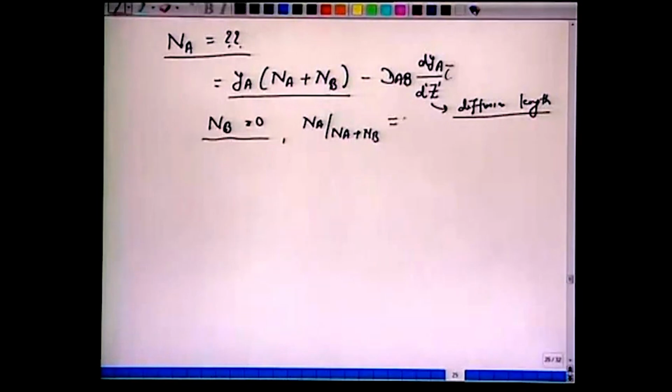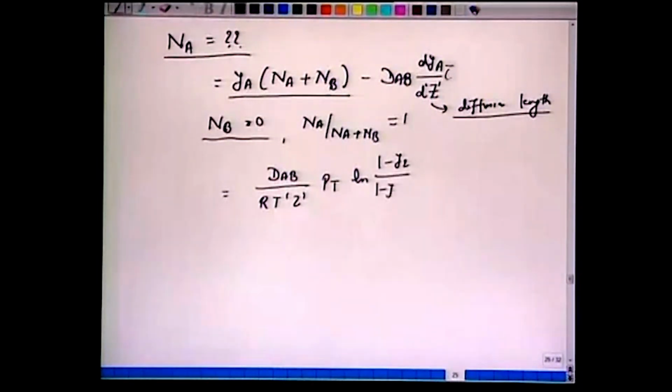Na by (Na plus Nb) will be 1, and this Na can be shown to be equal to dAb Pt over RT Z, where this Z is a diffusion length, not the height of the column, ln (1 minus y2) over (1 minus y1). This we have done after integrations. You can go back and look at your class notes.